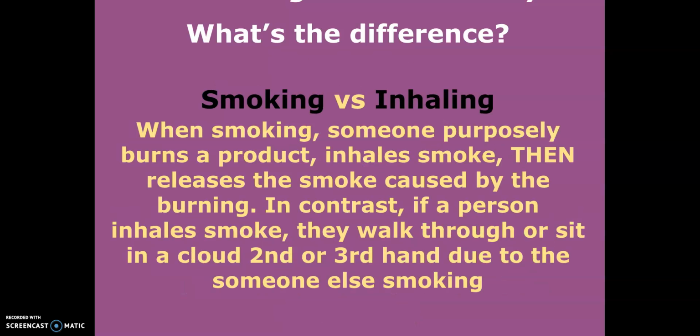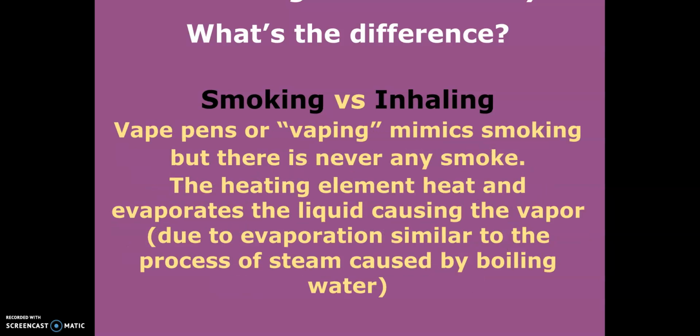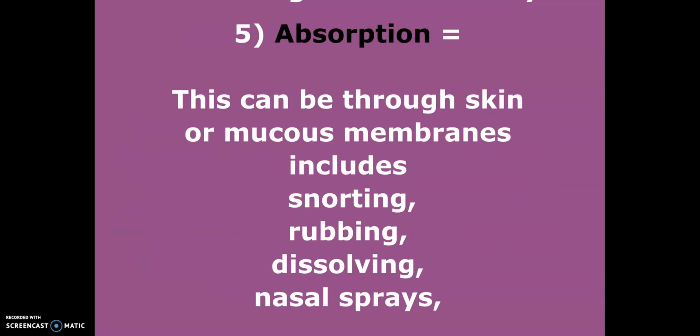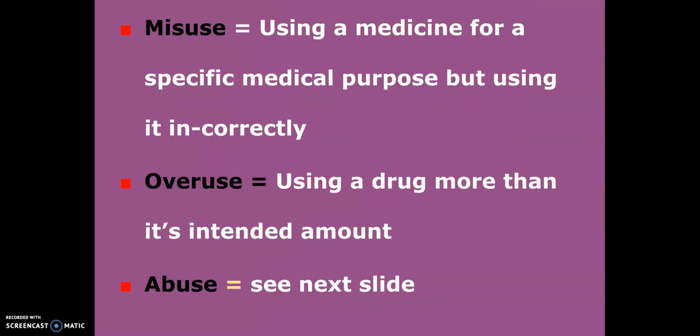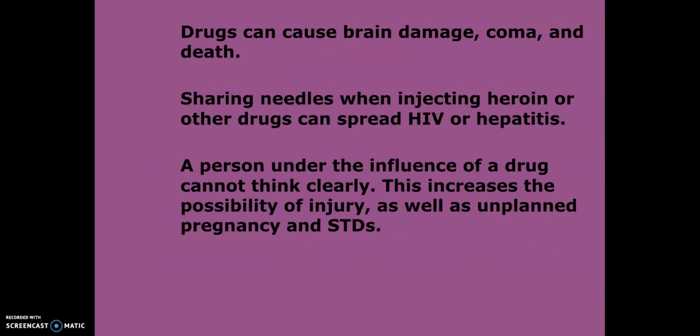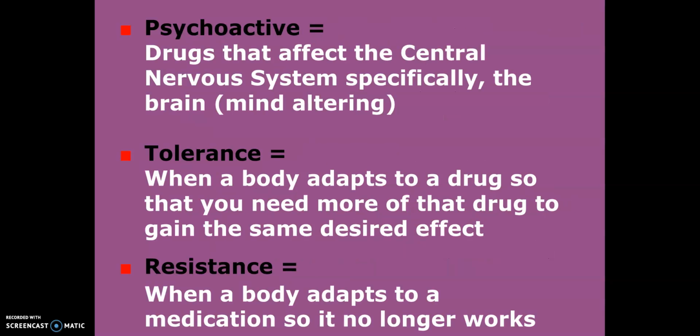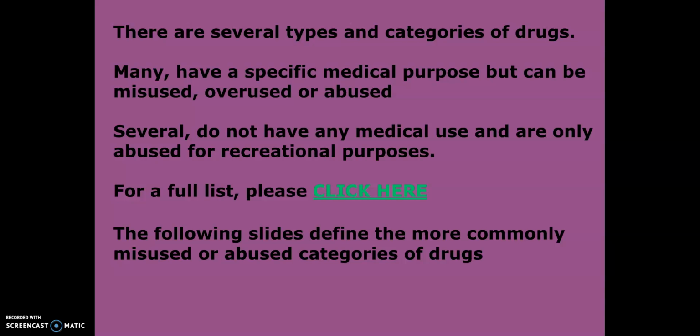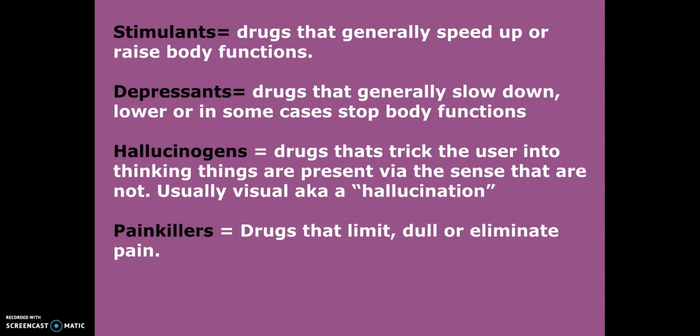It also gives you a smoking versus inhaling clarification and talks about a bunch of vocabulary words, which you would be able to see the answers to help you fill out the handout.